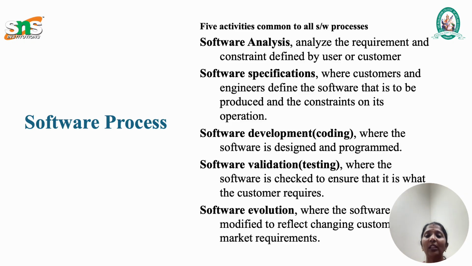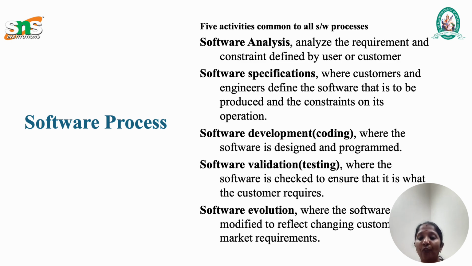So what are the common things we should know about software process? The 5 things as we discussed in the previous diagram. Software analysis: what do you mean by software analysis? Here, based on the requirement defined by the user or customer, we have to specify clearly what the requirement is.